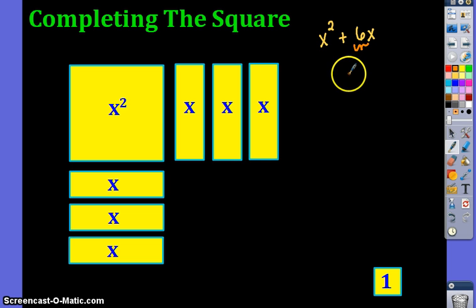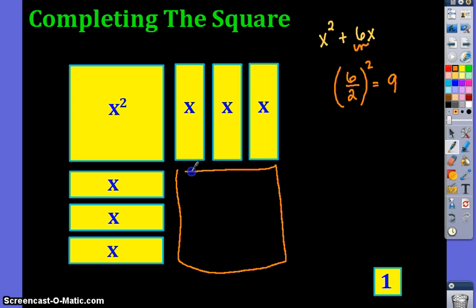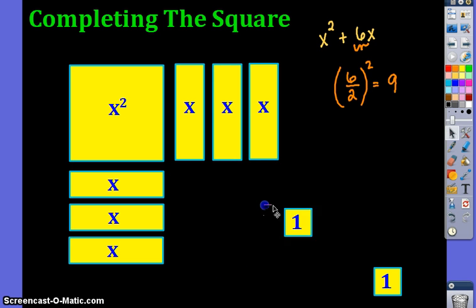If we take 6 and divide it by 2 and then square it, well, 6 divided by 2 is 3. 3 squared is 9. That means I should be adding 9 in this space right here. And if you look, I've drawn it up here, we add our 1s.